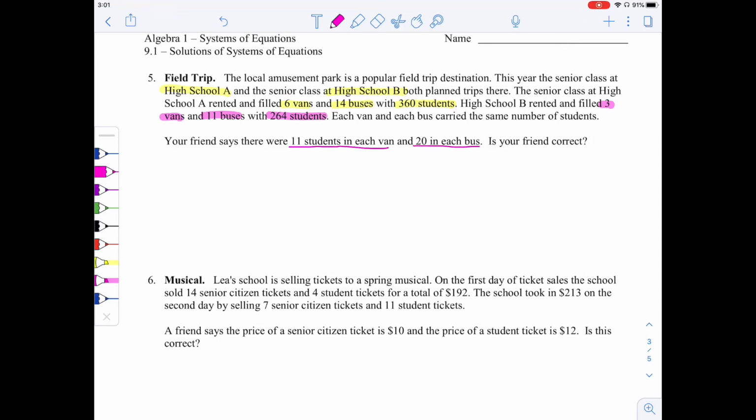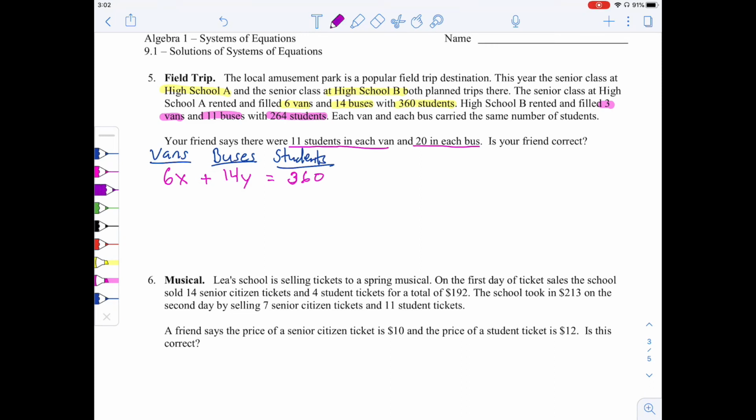Right, so let's set up what we have. We have vans and buses, that's our 2 categories, and then students. So 6 vans, 6x, and 14 buses, 14y. That equals 360 students.